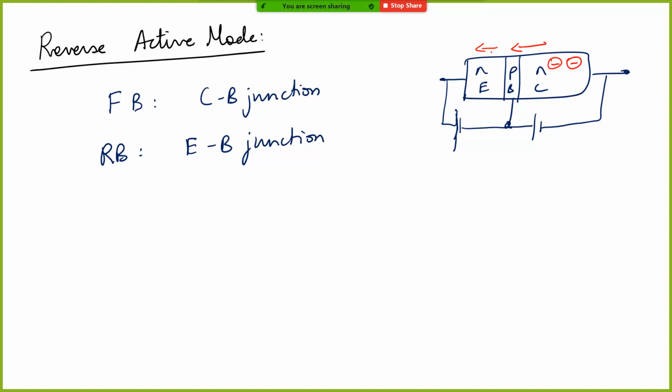As someone pointed out, the current flow will be lesser because, first of all, the doping in the collector region is less than the doping in the emitter region. So that itself will give you a different current profile. Your IS and everything will change drastically.